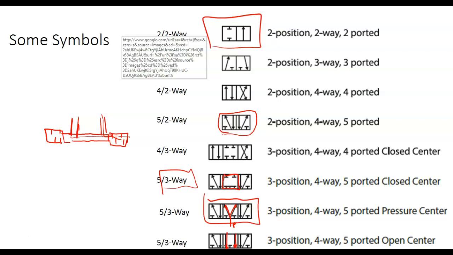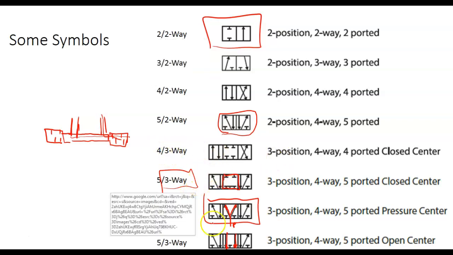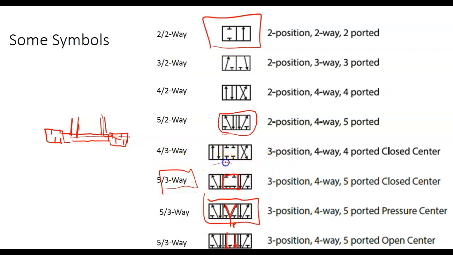I know we got a lot of 4.2s, and I know we got a lot of 5.2s. And the gripper on the Mitsubishi robot has a 4.3. And so that's the way they either lock the gripper open or lock the gripper closed.